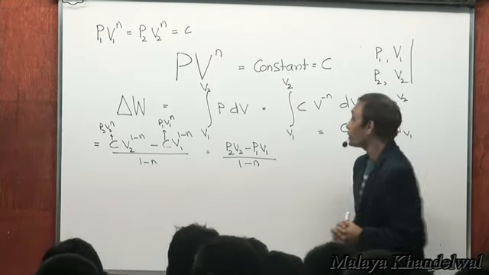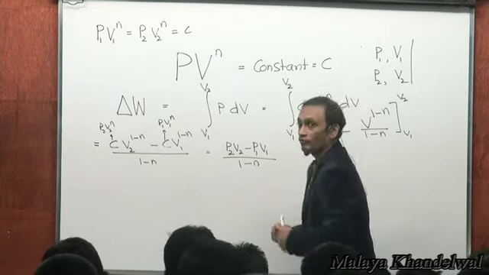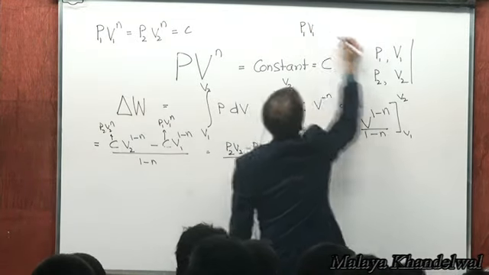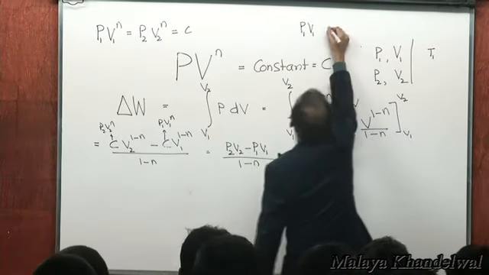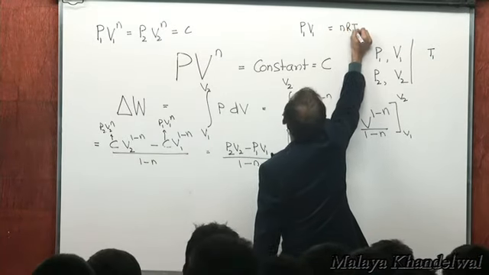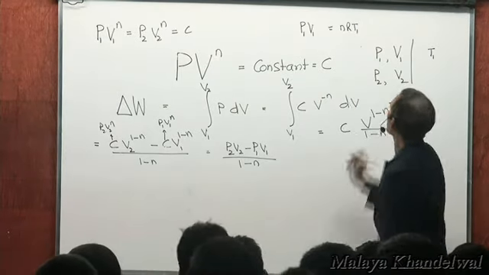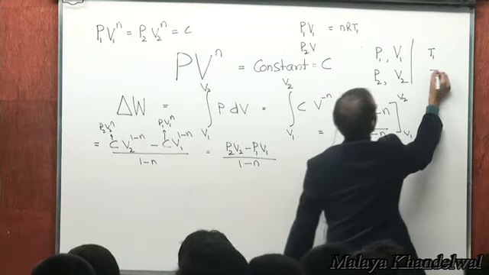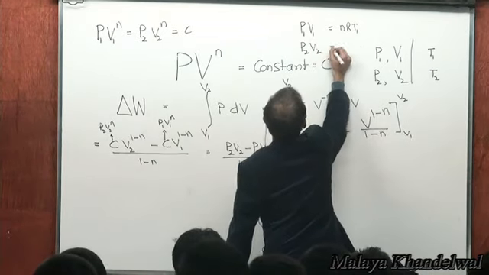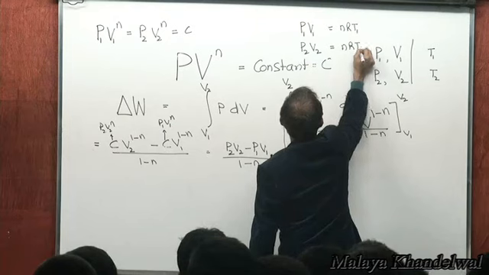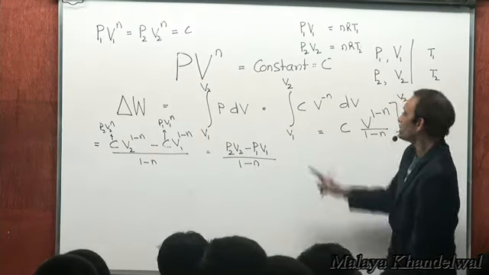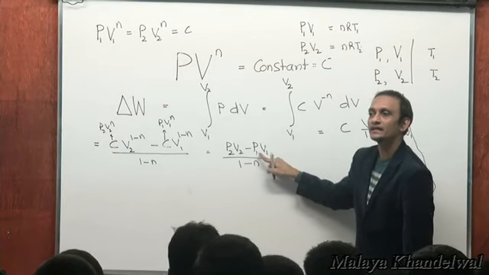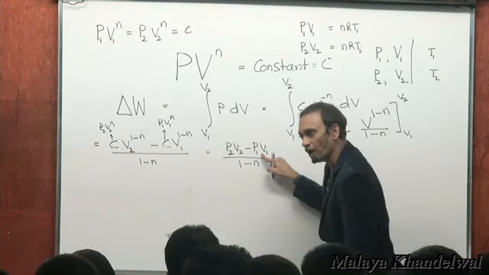Does it make sense? Now, for an ideal gas, P1 V1, let's say the initial temperature is T1, would be nRT1, right? P2 V2, if the final temperature is T2, is going to be nRT2, right? So this P2 V2 minus P1 V1 I can write as nRT2 minus nRT1, yes or no?